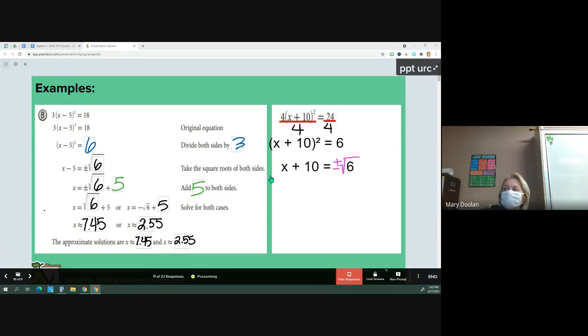When you take the square root of a variable, that's when this plus minus is going to show up, because my variable is being squared, I have to consider if it's a positive or a negative. And that's why that shows up right here.